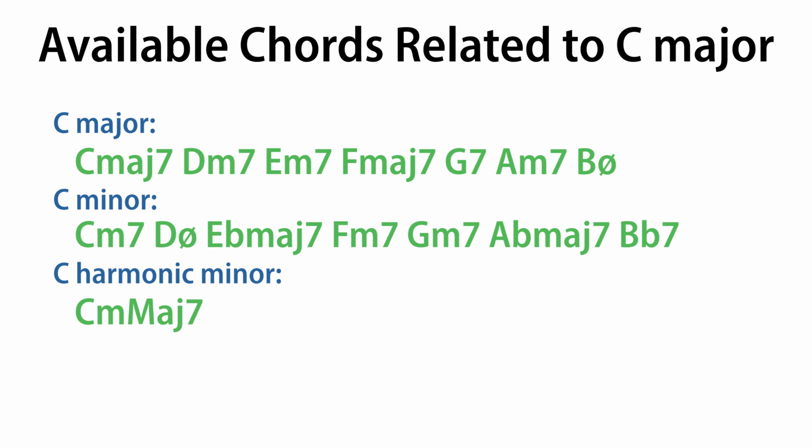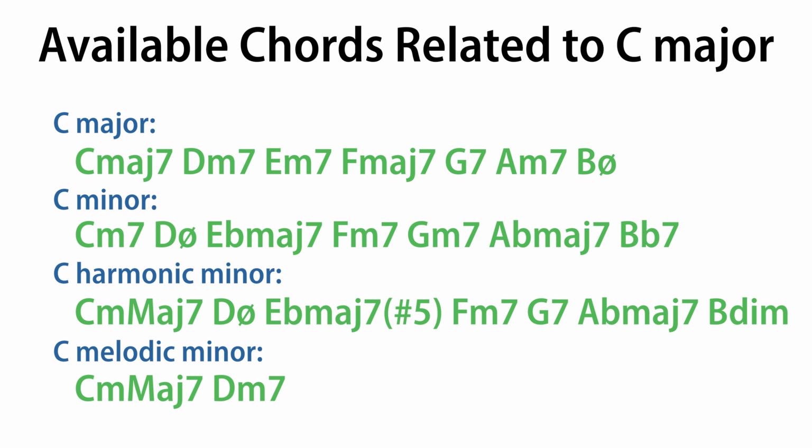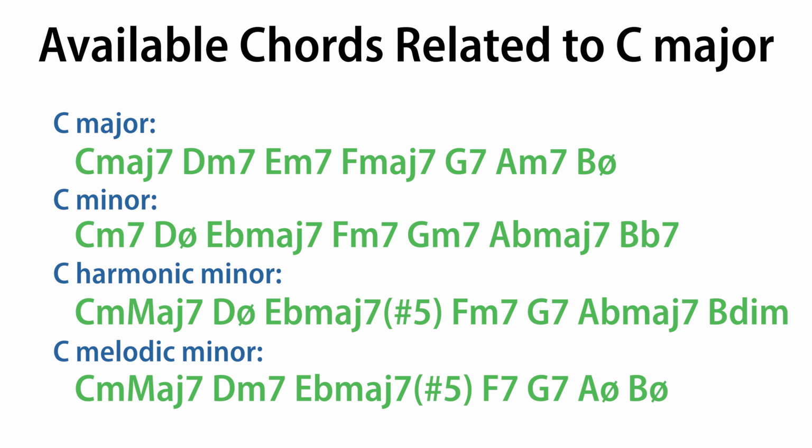Harmonic minor: C minor major 7, D half diminished, E flat major 7 sharp 5, F minor 7, G7, A flat major 7, B diminished. And melodic minor: C minor major 7, D minor 7, E flat major 7 sharp 5, F7, G7, A half diminished, and B half diminished.